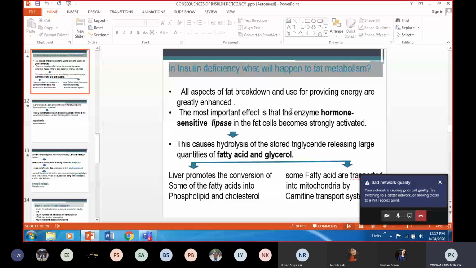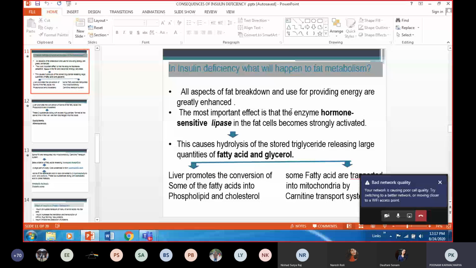So the liver promotes the conversion of some of the fatty acid into phospholipid and cholesterol. So breakdown of triglyceride into fatty acid, and this fatty acid is now converted into phospholipid and cholesterol. Now these two substances, along with the excess triglyceride which is formed at the same time in the liver, are discharged into the blood.